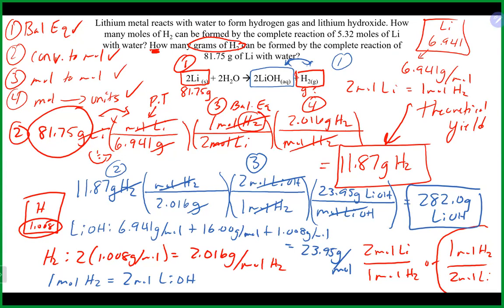So that also, by the way, would be the theoretical yield of our second product. And once again, you get the same answer if you started with the 81.75 and did the relationship between the lithium and the lithium hydroxide and did the same 4 steps. Any questions on that there?